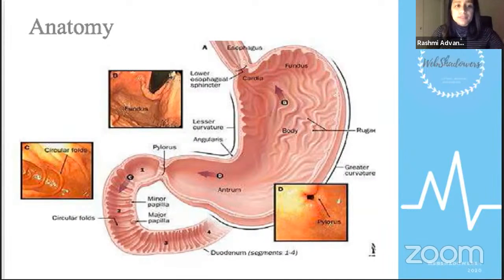So the first portion of the small bowel, as I mentioned, is the duodenum. And really the defining feature of the duodenum is these circular folds. These circular folds actually exist throughout the small bowel, and then the small bowel feeds into the large colon. But the defining feature of the small bowel are these circular looking patterns.